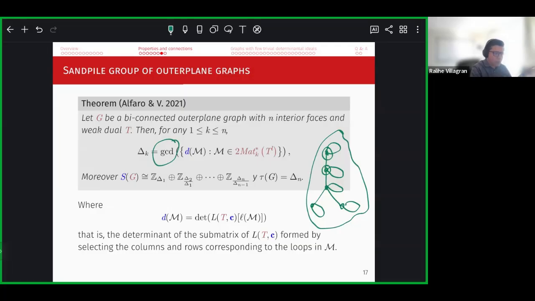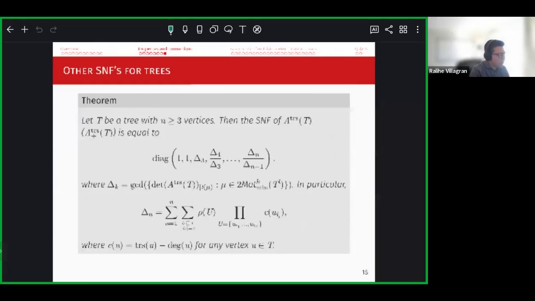Anyway, the point is that there's a lot of combinatorial structure on critical ideals, and that can be seen in some families of graphs, and that's helpful to compute some stuff like the sandpile group of trees or other minimal forms for trees.